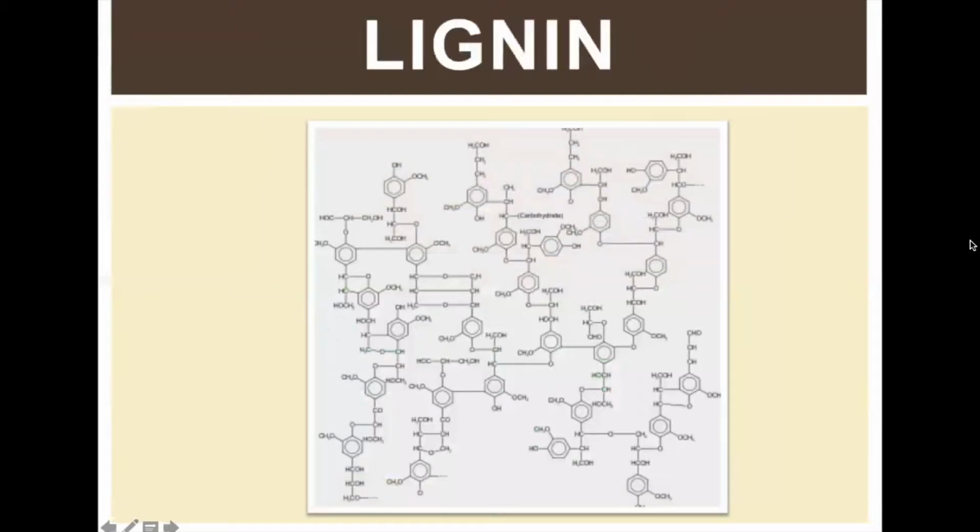And then we have lignin, and lignin is the glue that holds the cellulose together. Lignin makes wood in the woody plants. Lignin also protects cellulose from microbial attack, which is attack from microbial organisms, like the microbes that we talked about, the bacteria and fungus and whatnot.